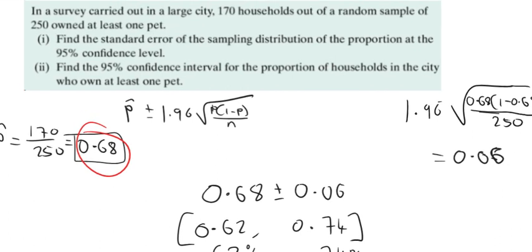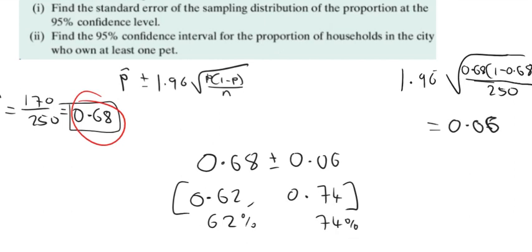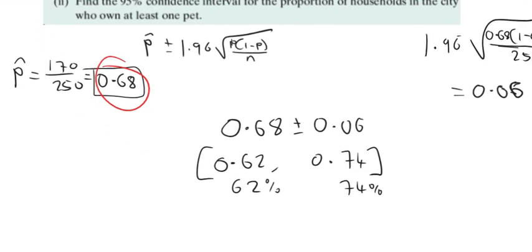If you take just the proportion, the sample of 250 households, and you test those and see if they have at least one pet, then for the entire city we'd be 95% sure that between 62% and 74% have them. So it's just using that formula, but that's what we have found.